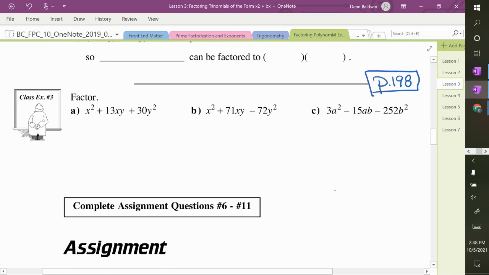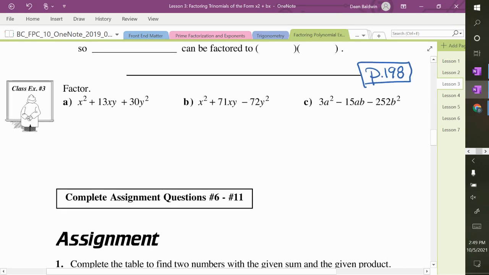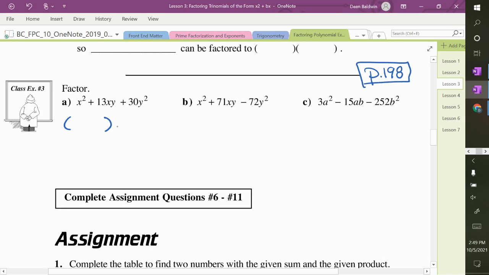Okay, so looking at this one, x squared plus 13xy plus 30y squared. How does this look different than all the other ones we've done? There's double variables. But it's the same process. You're still making 2 brackets. What is going to go in the first part of the bracket?